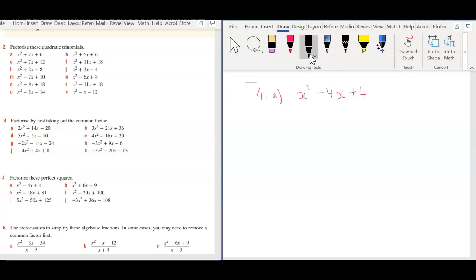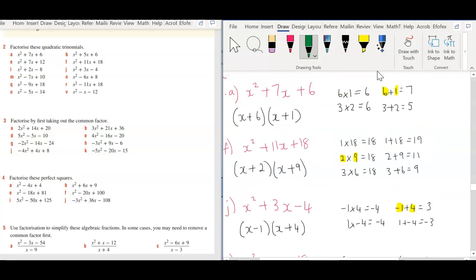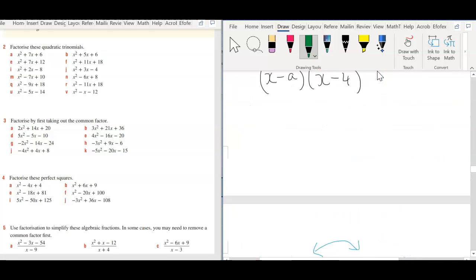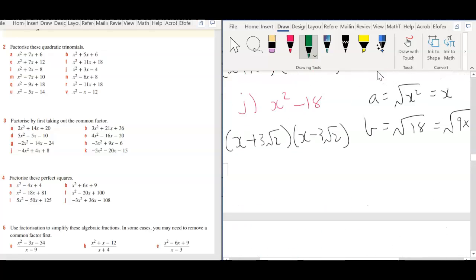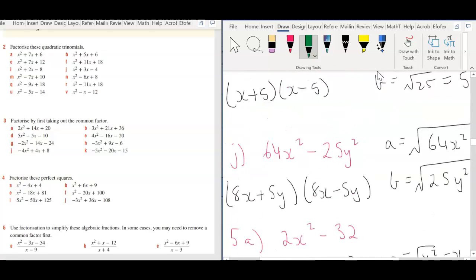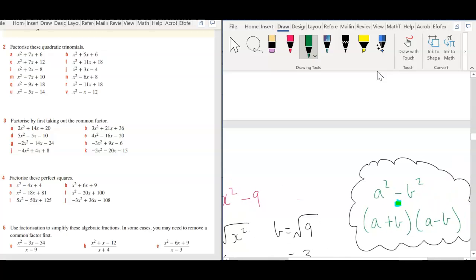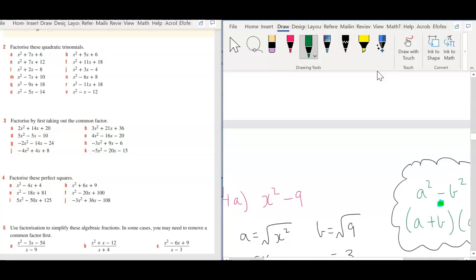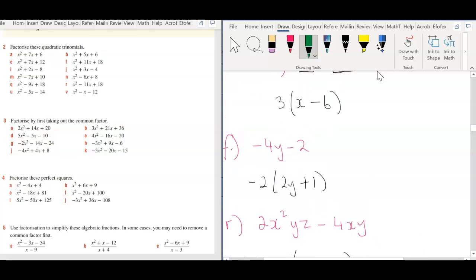Now, remember in a previous video, in probably 5b, we did perfect squares. So if I scroll up, I've kept all my working here. Let's just see. That's not what I wanted. I wanted the other one.